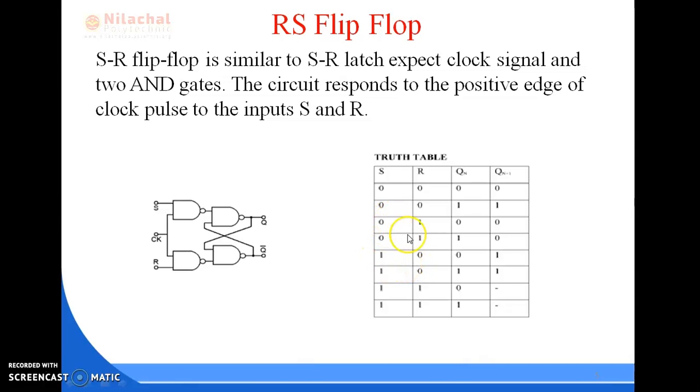Condition number 1: in the SR flip-flop, when S equals 0 and R equals 0, the next output Qn plus 1 will be the same as the previous output Qn. So Qn plus 1 is equal to Qn. That means the next output is equal to the previous output, so there is no change in the output state.